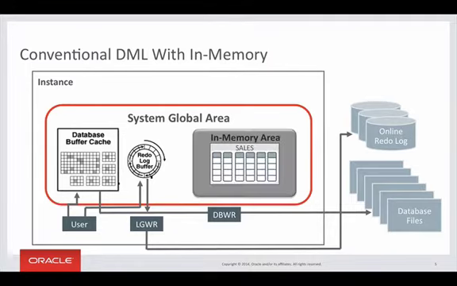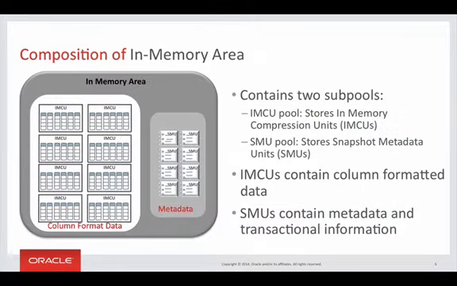So what happens if you add in-memory, or the in-memory column store, to this situation? If you recall from part 1 of our web series, the in-memory column store is a new pool of memory inside the SGA. That pool is divided into 2 different areas, the IMCUs and the SMUs.